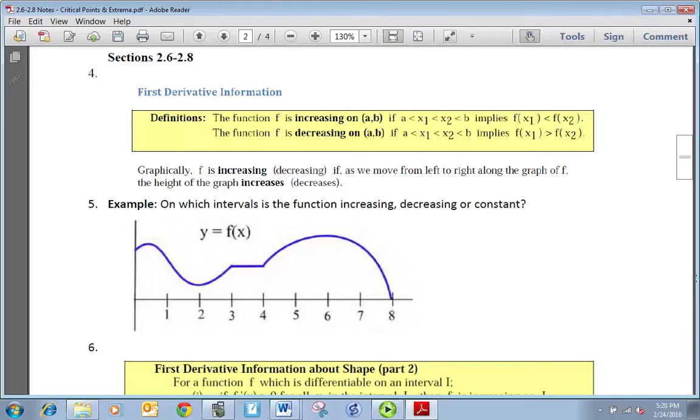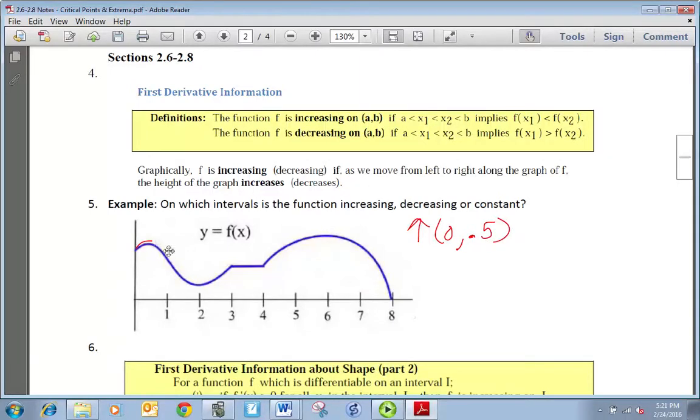So we can look at that in a graph: on which intervals is this function increasing, decreasing, or constant? Well, I can see that if I start at the beginning and I go up to here, so that's about 0.5, so from 0 to 0.5, we're increasing. I'm just going to use the arrow facing up for increasing.